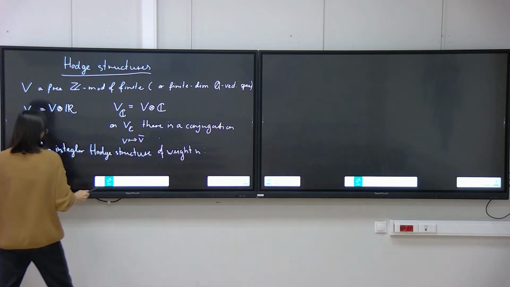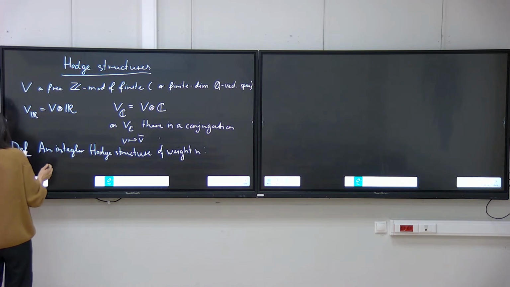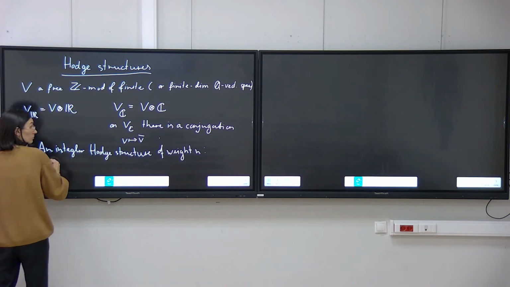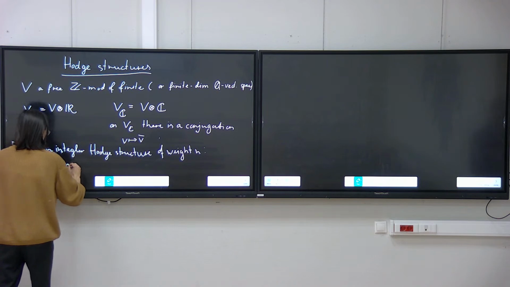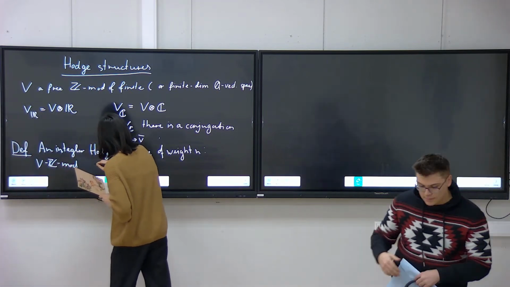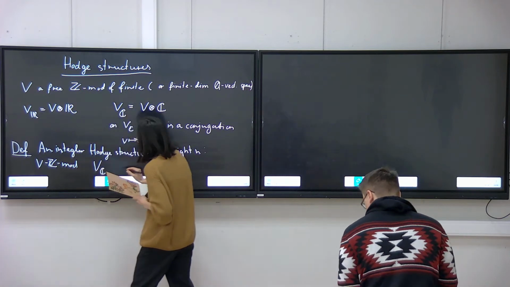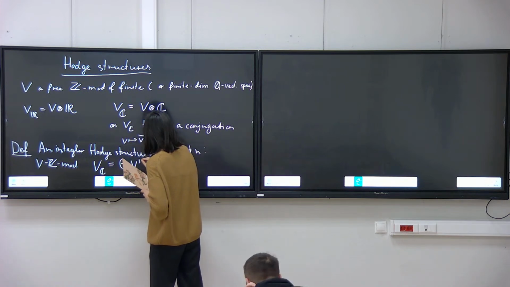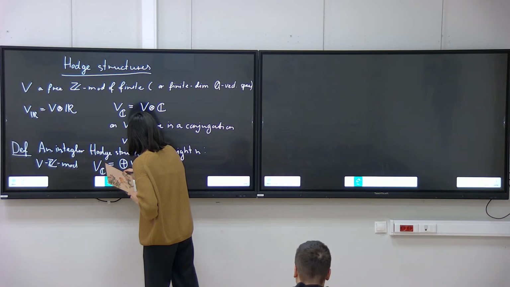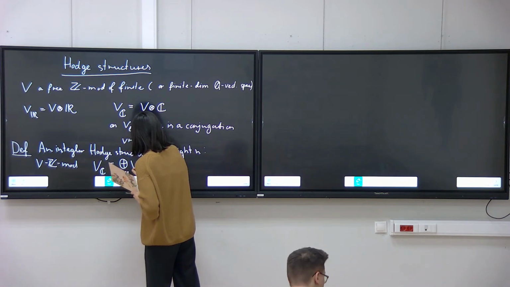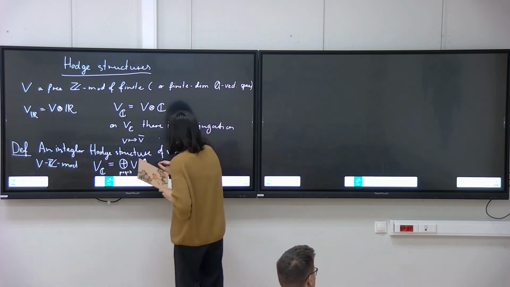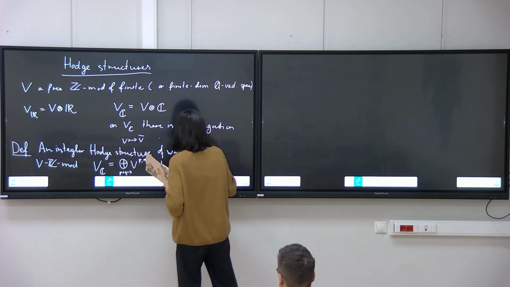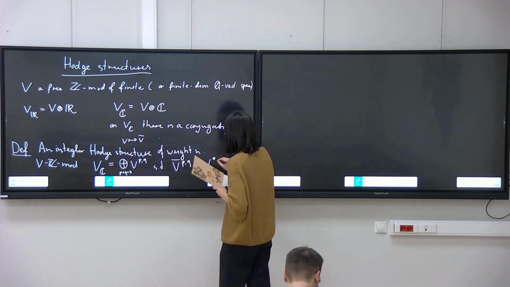So what is an integral Hodge structure of weight n? First of all, this is a Z-module V with the following decomposition of its complexification: the direct sum of V^{p,q}, where p plus q is equal to n, such that the complex conjugation of V^{p,q} gives you V^{q,p}.